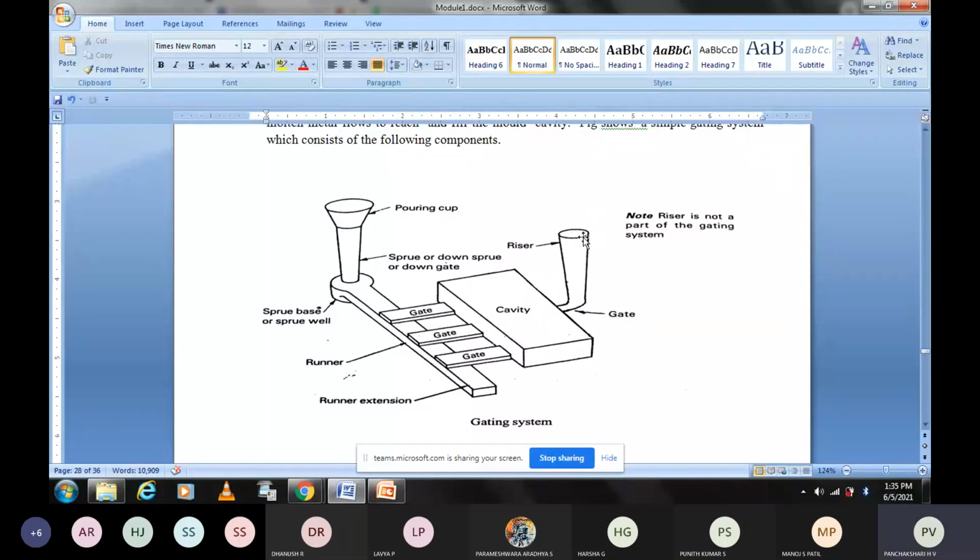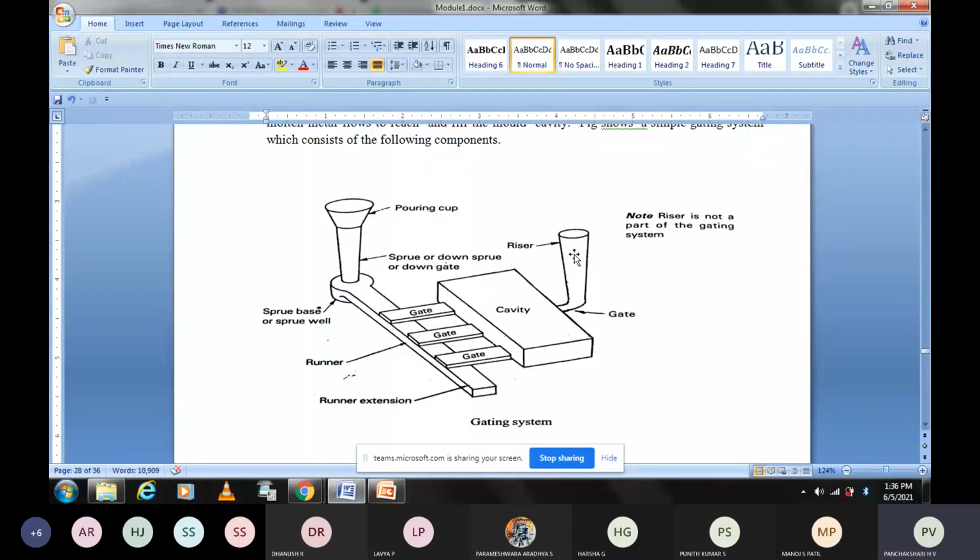If this liquid metal comes to the surface, then it ensures that this portion is completely filled with liquid metal. There is no empty space, no cavity left unfilled. So it is completely filled. This riser ensures that the cavity is completely full. That is one function of the riser.